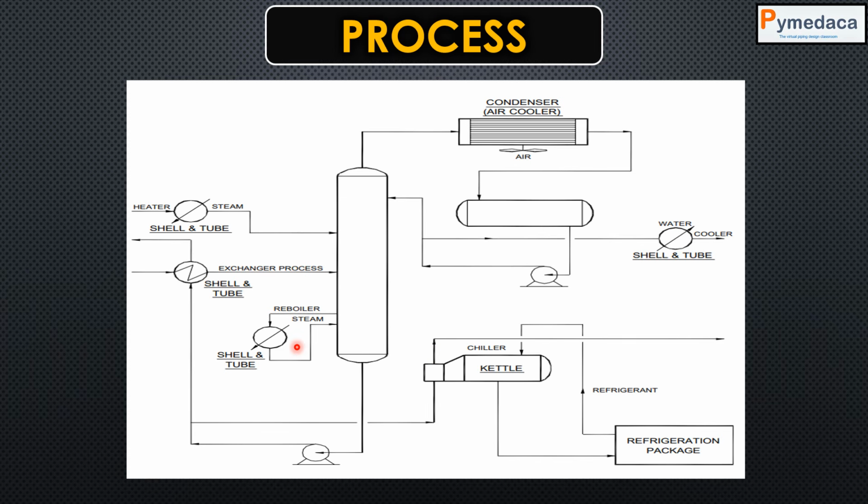Likewise, there are heat exchangers which help you to increase the temperature or reduce the temperature. Look at over here, the reboiler. The reboiler circulates the fluid from the vessel wherein the steam is passed. Generally the steam temperature is much higher than the other temperature, so the hydrocarbon circulated by the reboiler gets heated. So this is how the heat exchanger works.